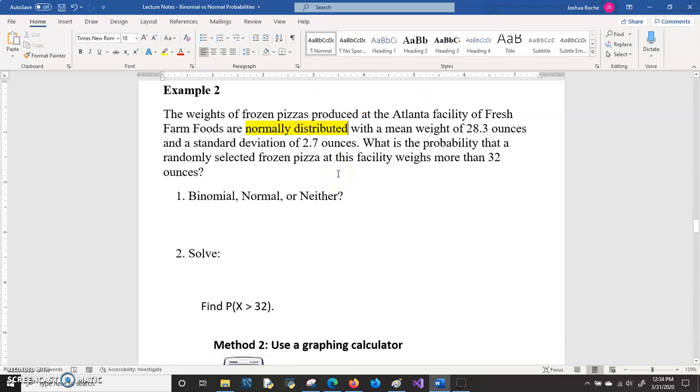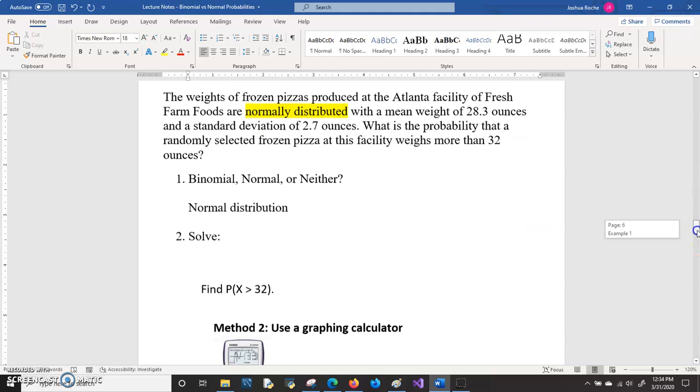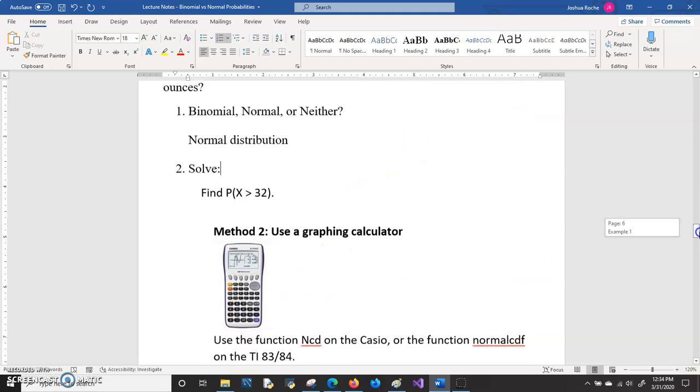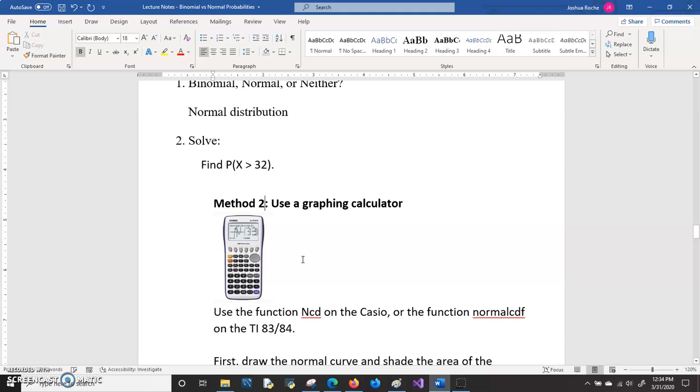This mentions it's normally distributed, and that's a giveaway that this is involving a normal distribution. So to solve this, we're trying to find the probability that x is greater than 32, that the weight is more than 32 ounces. One way to work this out is to use a graphing calculator.